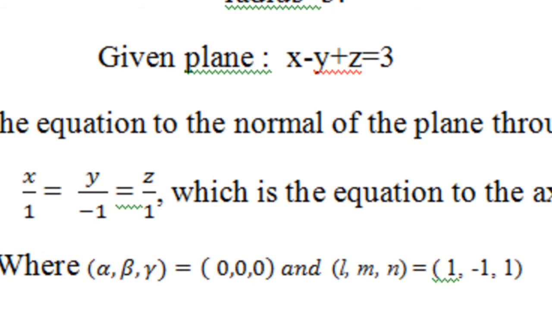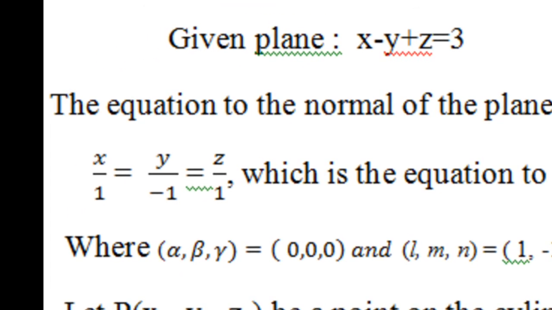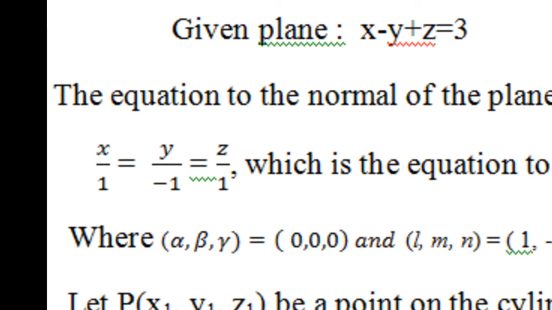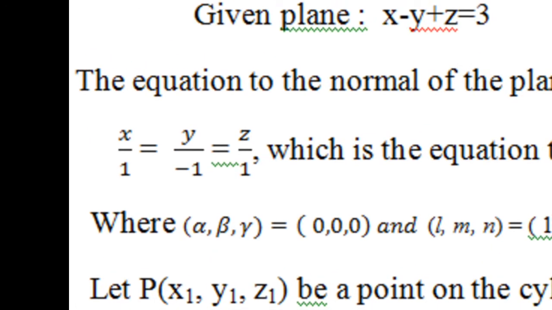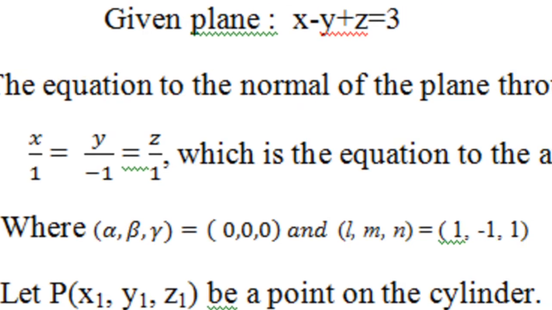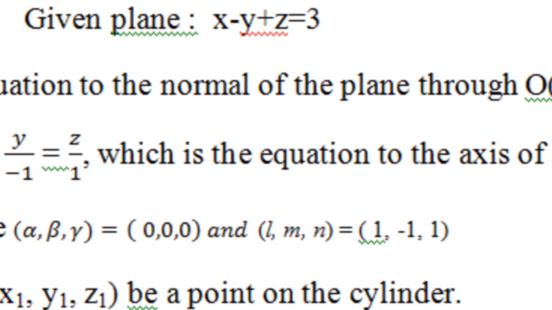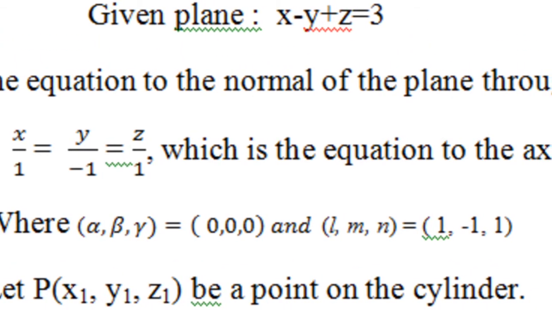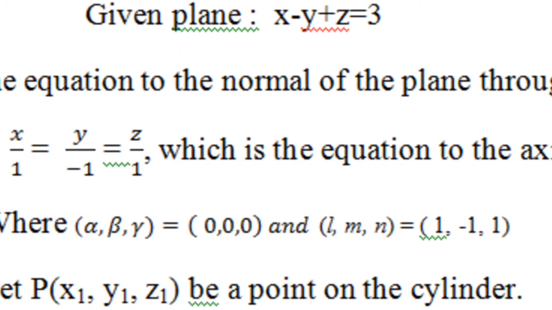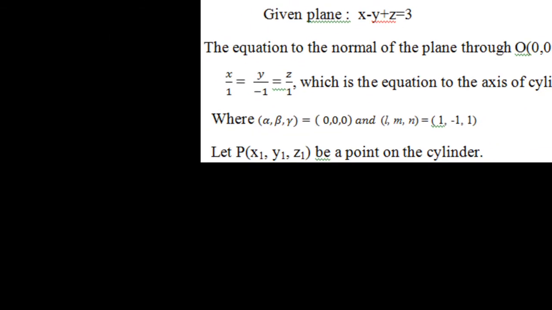Now from this equation you can write alpha, beta, gamma, that is the point through which the axis passes, as 0, 0, 0 and l, m, n equal to 1, minus 1, 1. Now we have to find the radius of the cylinder. To find the radius, first of all, let P(x1, y1, z1) be any point on the cylinder.